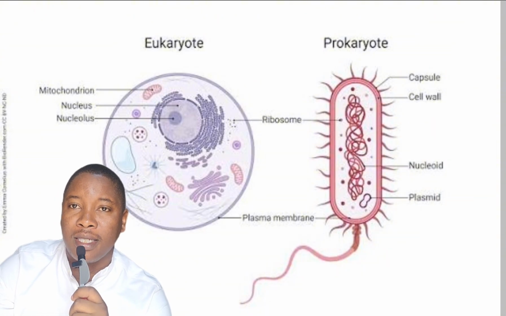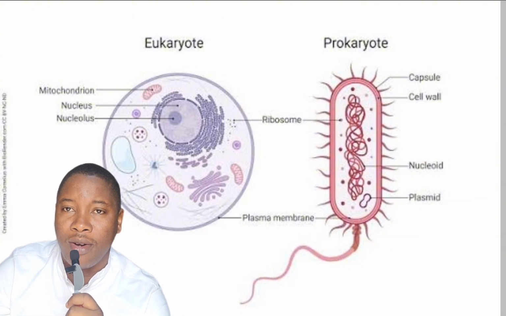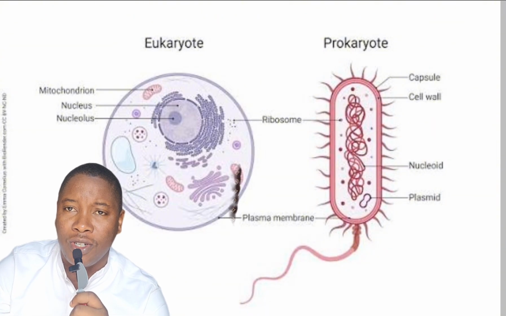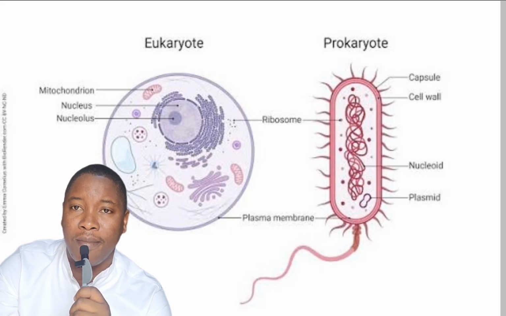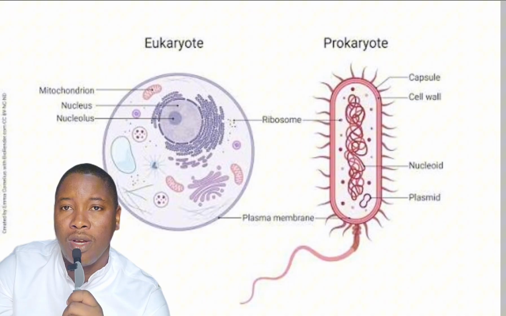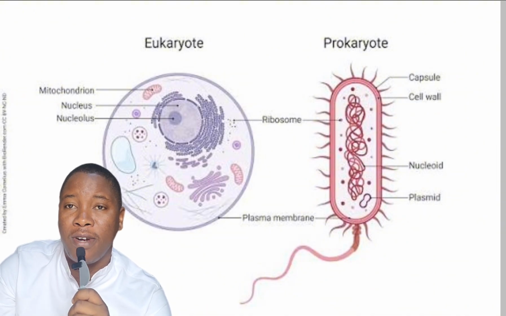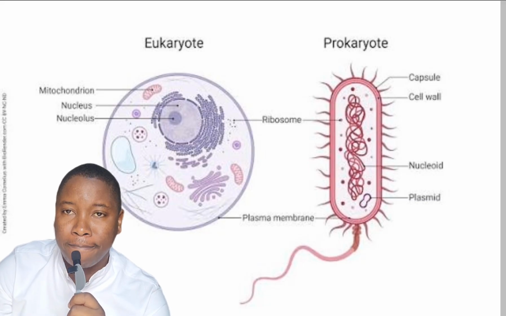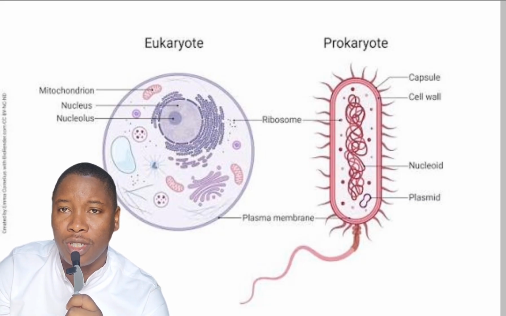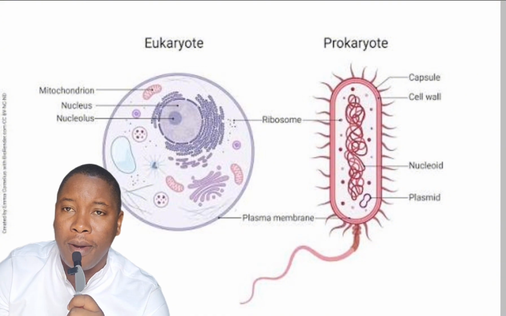The fungal cells are all types of eukaryotic cells, and they share many features together. Now, they have basic differences one from another. That is, an animal cell will look different from a plant cell, will look different from a fungal cell. But apart from these differences, they share structures and characteristics, like your membrane bound organelles.